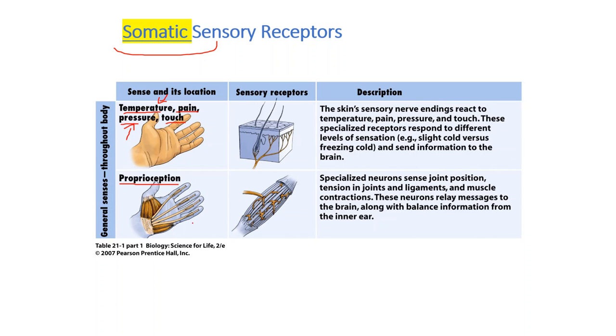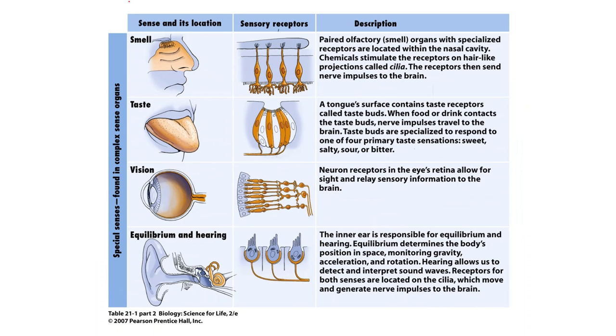So, as a whole, these proprioceptors, they pretty much have an important role in maintaining body posture, also in some maintenance of equilibrium. Smell, taste, vision, equilibrium, and hearing are other examples of somatic senses. Okay, and here they are shown the specific sensory receptors associated with each of these senses.